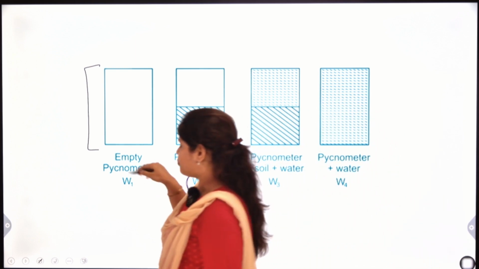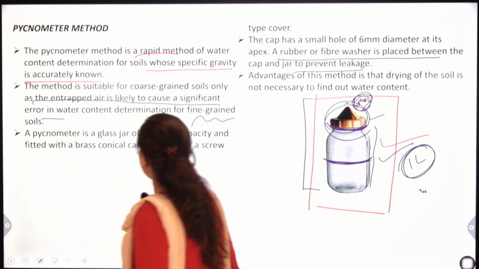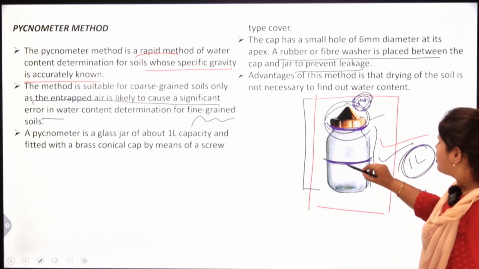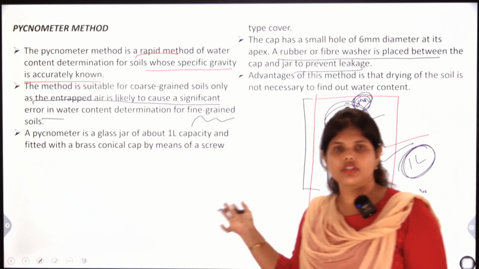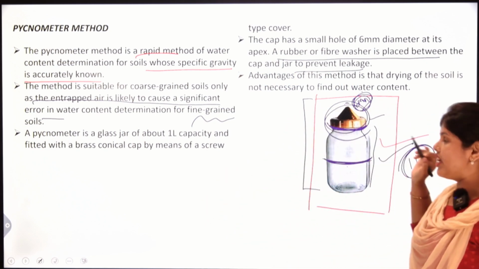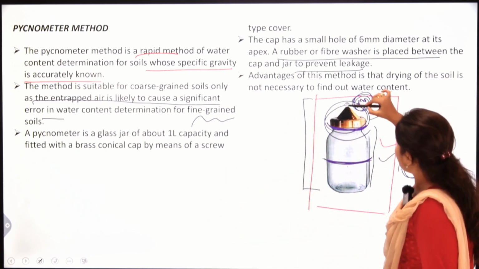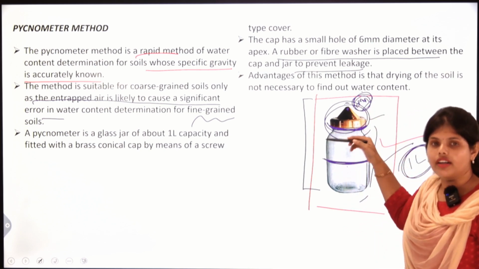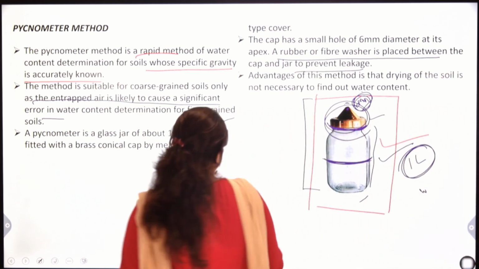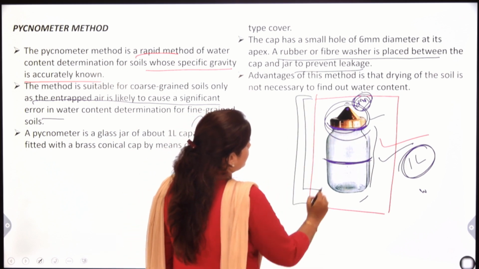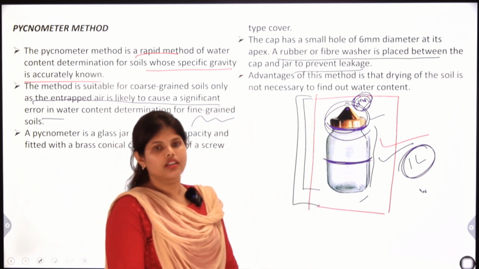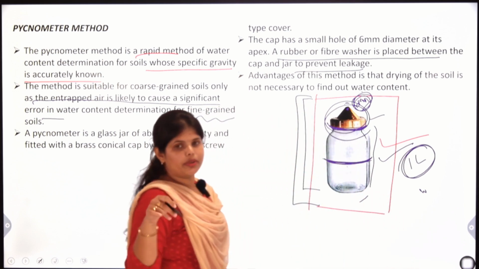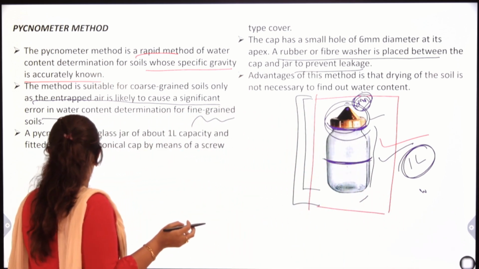We need to fill the pycnometer completely. So, first our soil sample fills it halfway, then we add water up to this point. Then we weigh the jar with the soil sample and water, that will be our W3.